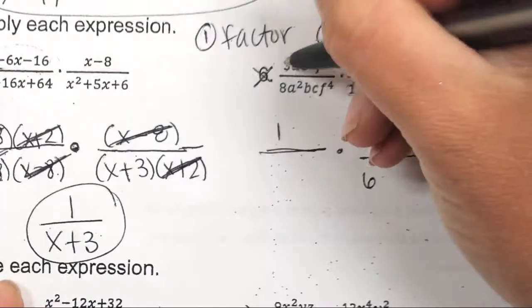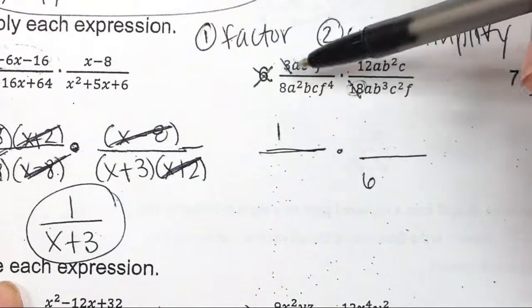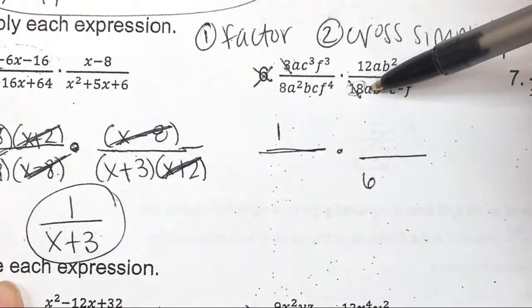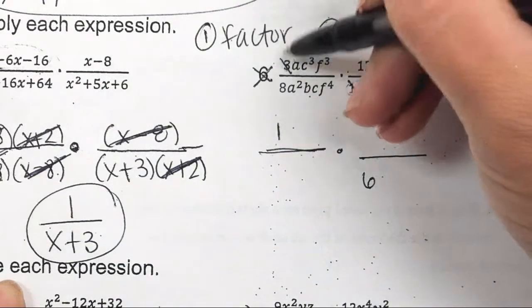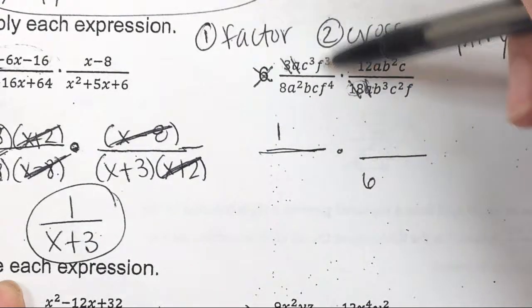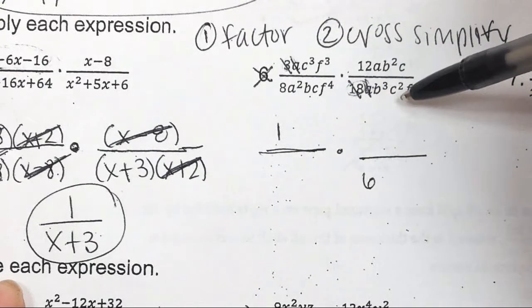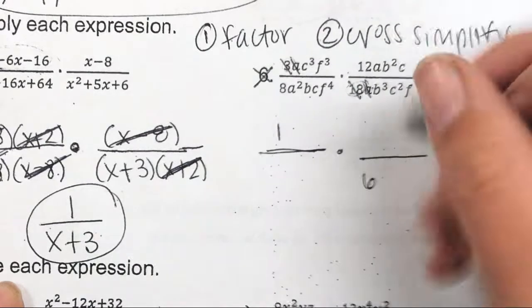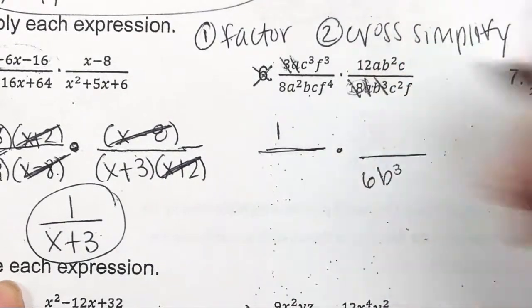Okay, and now I look at the A's. This one has A, this one has an A. So A divided by A would just be 1, so those would cancel out. But if I look at the B's, this one doesn't have any B's up here, but this does down here. So I can't really simplify, so I'll just have to bring down that B cubed.